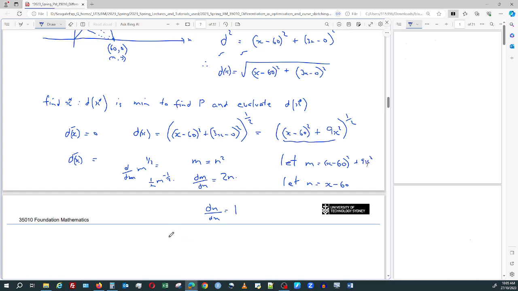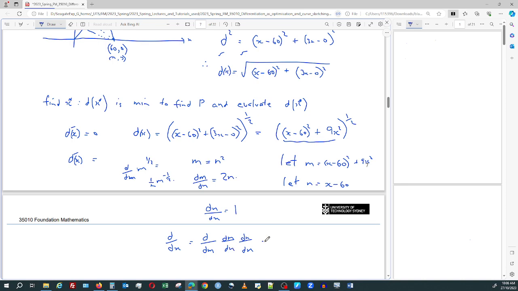So dd/dx, which is what we needed, is still going to be dd/dx, but it's going to be dd/dm, dm/dn and dn/dx.